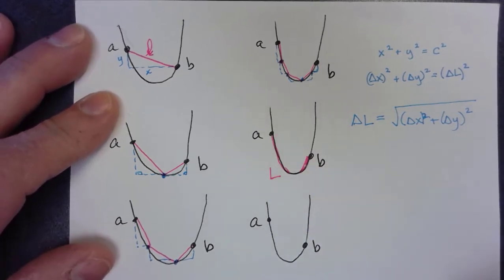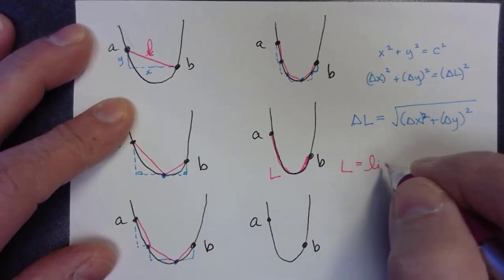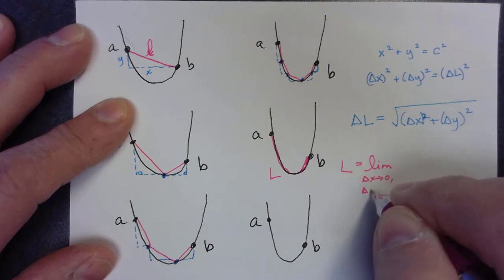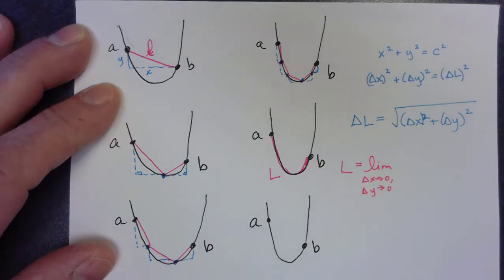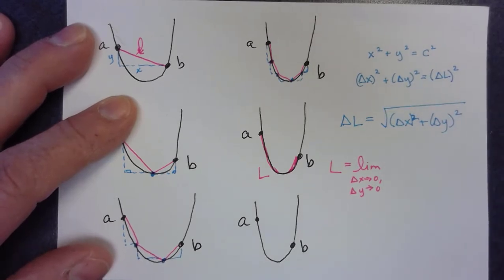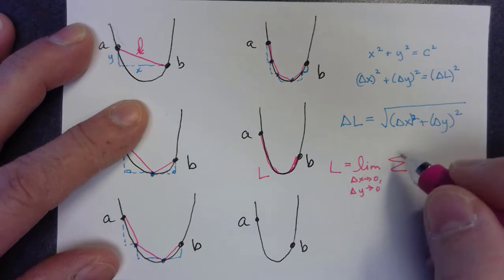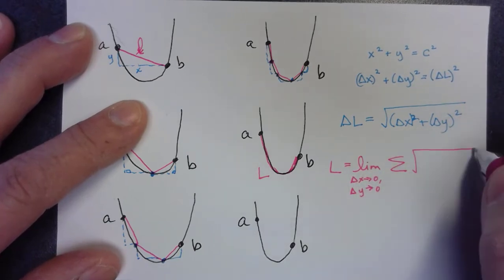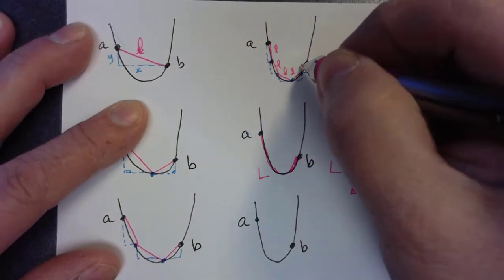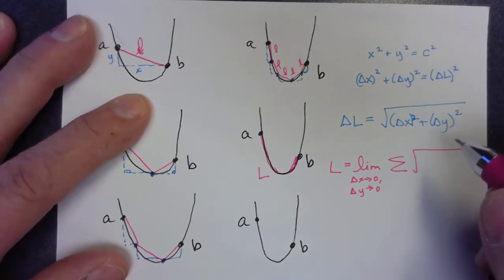That will happen as we take a limit as delta x goes to 0, in other words, my change in x and my change in y get so small, that I am taking the limit of the sum of adding up all these little arc lengths, the hypotenuses, which represent the arc lengths.